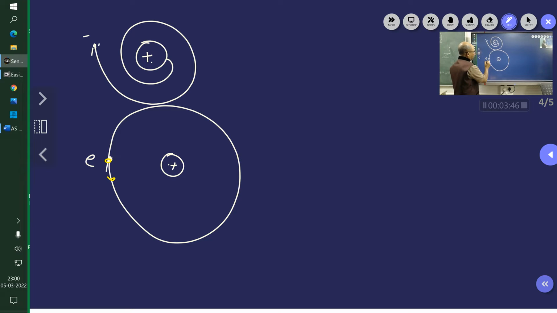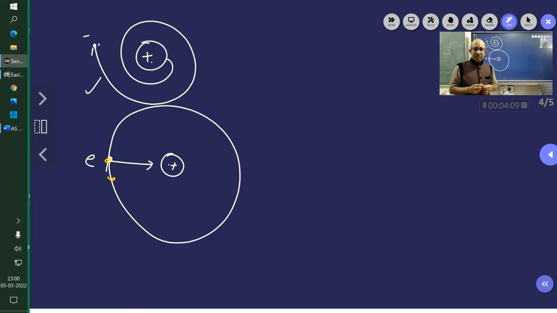But if it is moving in a circular path, then it has a centripetal acceleration. It is accelerating, so it will radiate energy and collapse. That is where the Rutherford model failed, and scientists were struggling hard to explain it.